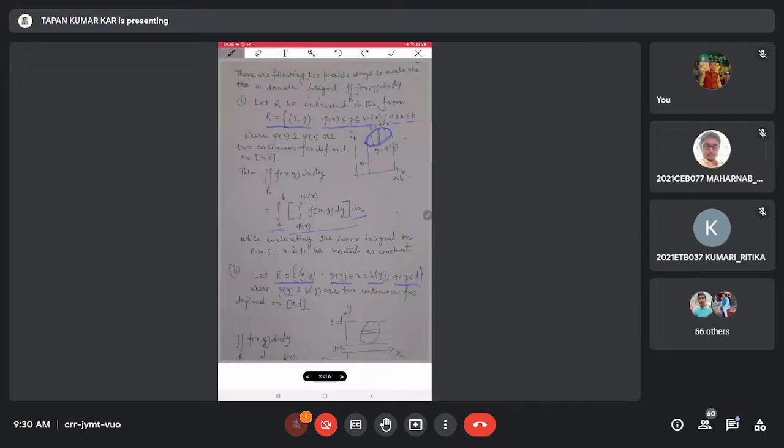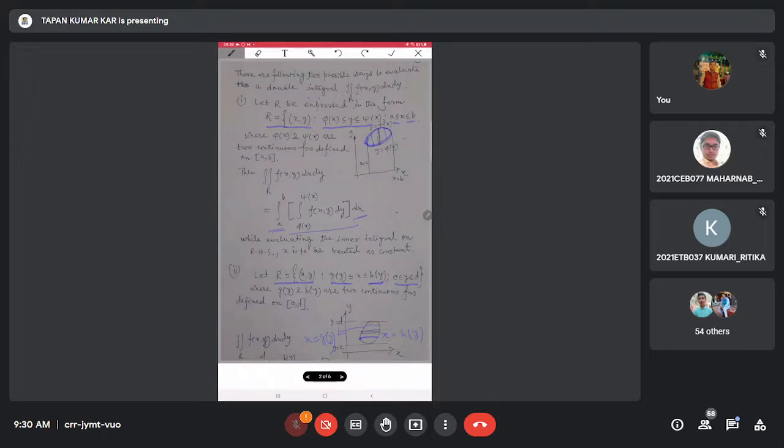Okay, in the second case, here x varies from g(y) to h(y). Suppose this curve x equal to h(y), and here this curve x equal to g(y). So at any place x varies from here to here, from here to here. If you consider here to here, here x equal to g(y), here x equal to h(y).